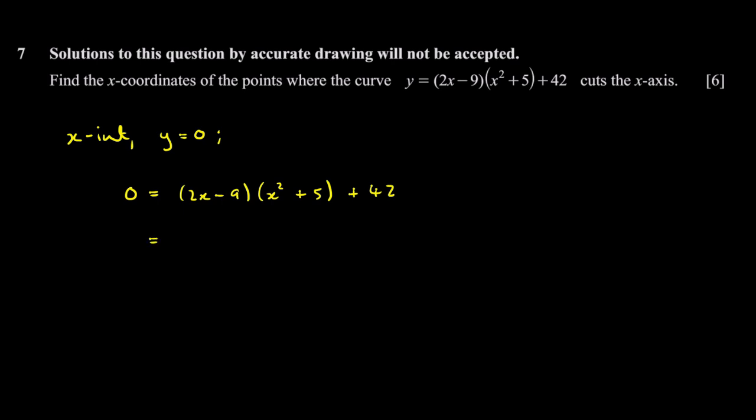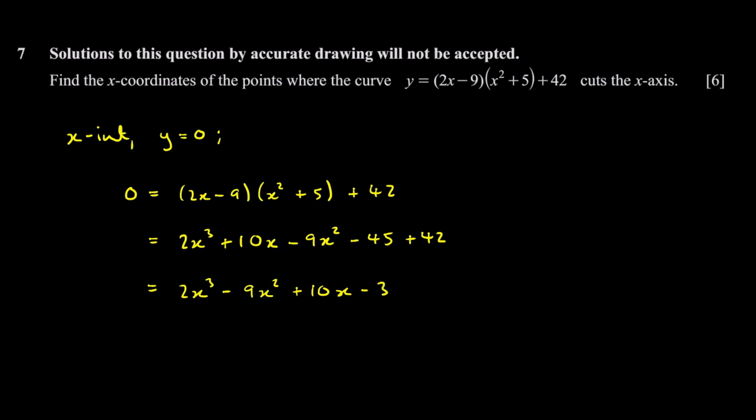So we've got 2x times x squared, which is 2x cubed, 2x times 5, which is 10x, minus 9 times x squared, which is minus 9x squared, minus 9 times 5, which is minus 45, plus 42. And then if we simplify this, 2x cubed minus 9x squared plus 10x, and then minus 45 plus 42 is minus 3.